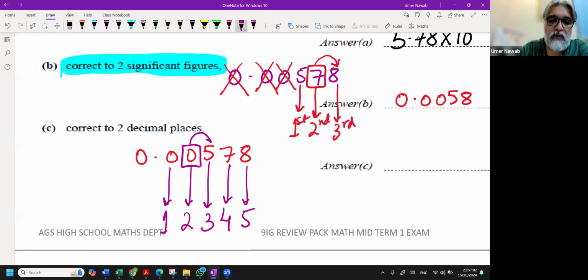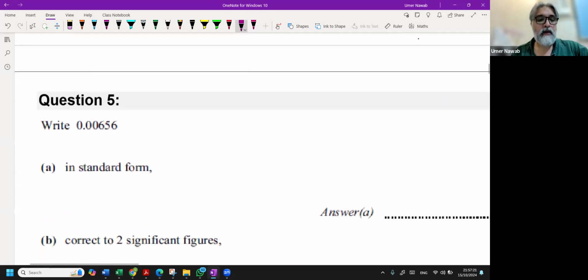So after 0, what do I have? 5. Since this number is 5, 0 will be increased by 1. So it becomes 0.01. Can you confirm? I have written only 2 digits after the decimal. It means this number is written to 2 decimal places.